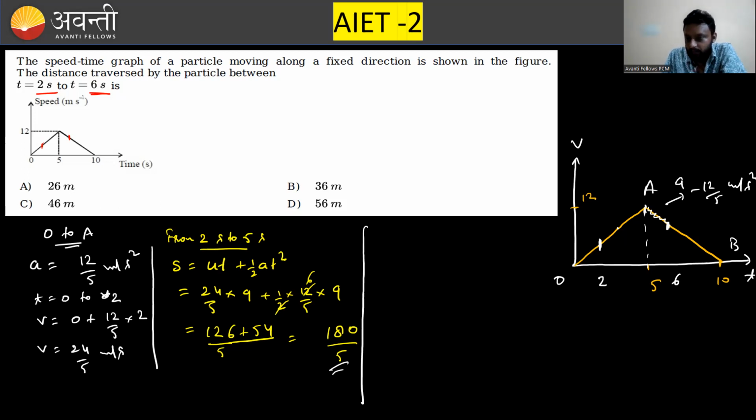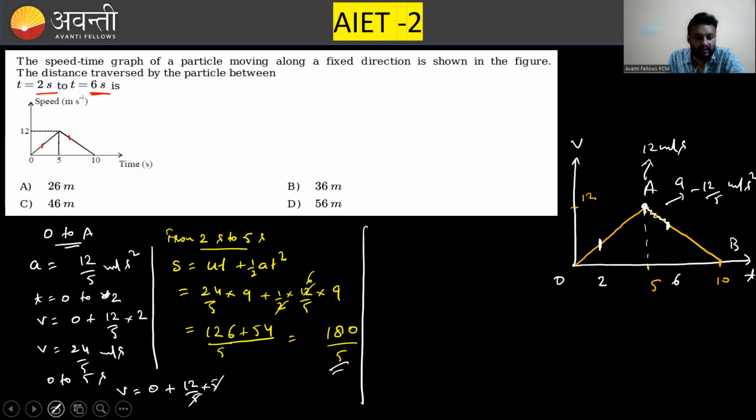So acceleration I know. What I don't know is the velocity at A. So the velocity at A you can calculate here. 0 to 5 second, if I say, velocity will be V is equals to 0 plus A is 12 by 5, t is 5, that is 12 meter per second. So at this point, velocity is 12 meter per second and acceleration is minus 12 by 5.